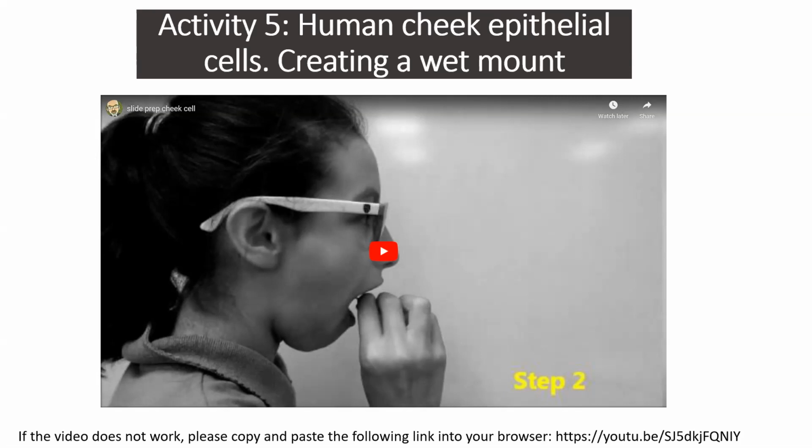And you would just use the microscope to identify the nucleus, cytoplasm, and other cell structures of your epithelial cells. And then you would draw the image in your lab notebook. I believe it's page 20. But watch this video to see how you would prepare your slide.